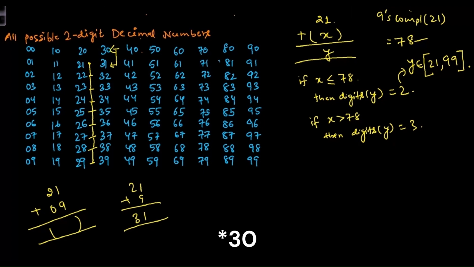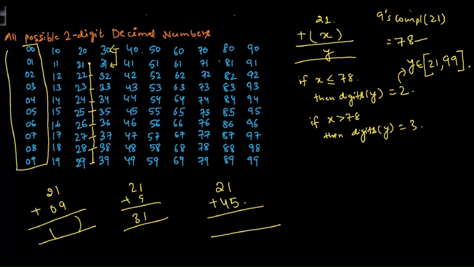Okay, if I do something like, let's say, 21 plus 45, then what would be the result? As you can see, in any column we have 10 numbers, right? So from 21 you will have 8 numbers like this.